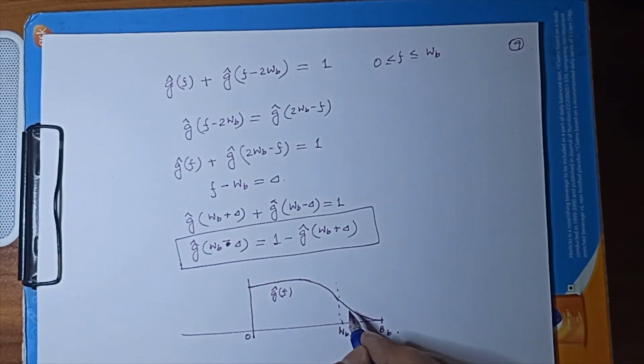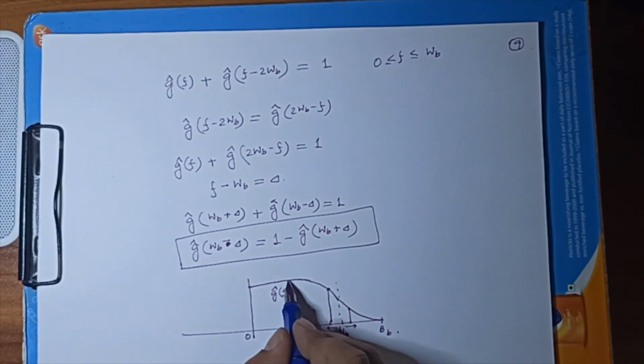So F minus WB is delta. So delta is positive this side, delta is negative this side. This is the positive side. So WB minus delta, for positive delta, is basically this side. So this value is essentially 1 minus this value.